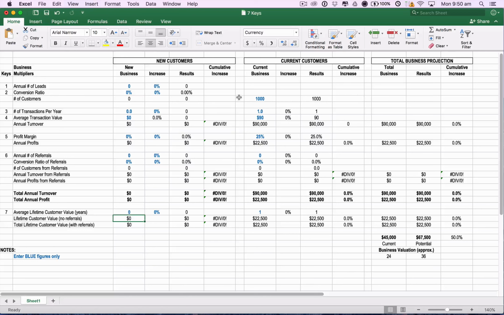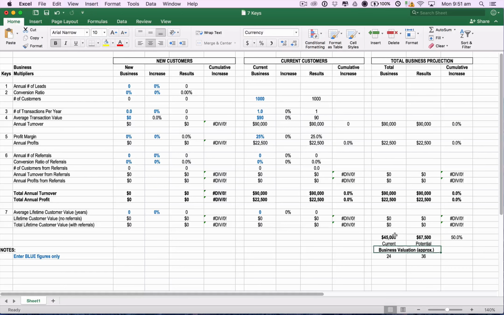Okay, so with all of that, 90,000 total business projection over here, 90,000 revenue, 22,000 profit. There's your turnover, there's your profit, and the average customer is going to stay with you for a year. Let's make that 0. And so your business is basically worth, at 24 months valuation of profit, about $45,000.